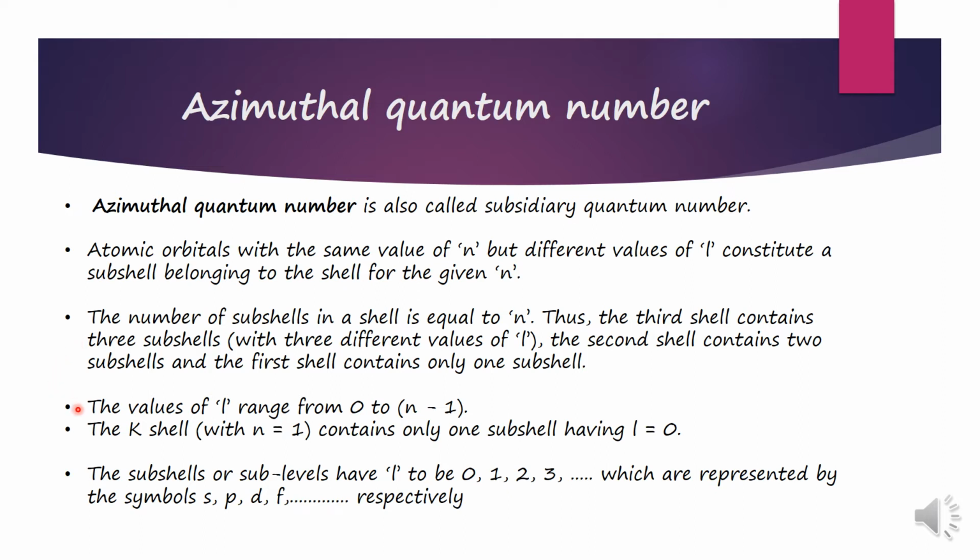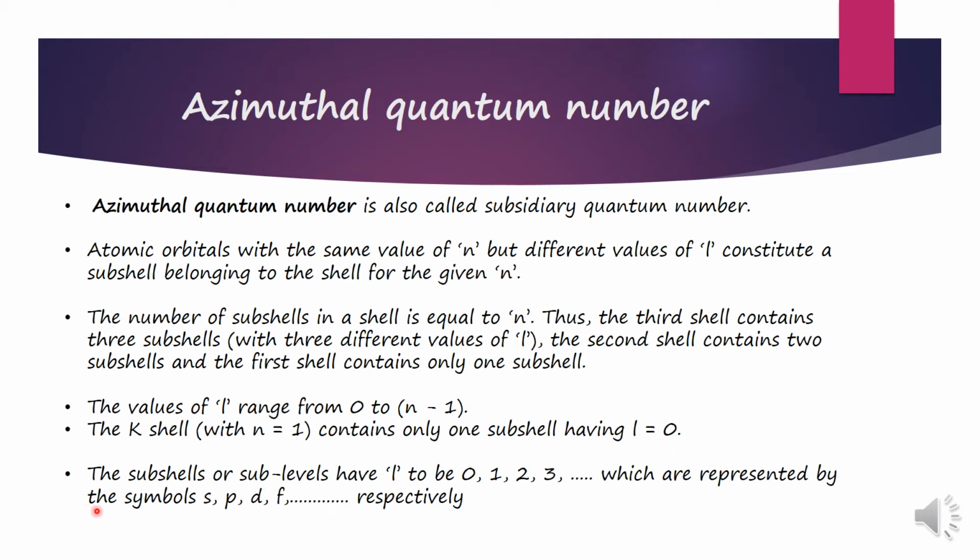The values of l range from 0 to n minus 1. For example, the K shell has principal quantum number 1, and according to this formula, the value of l would be 0 to 1 minus 1. So the value of l would be 0 for the K shell.